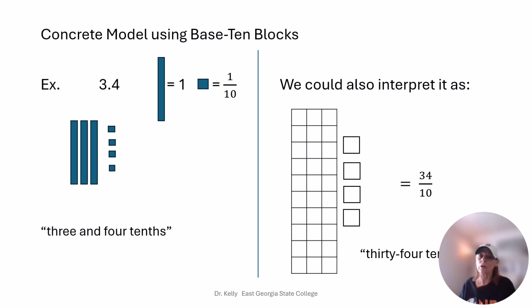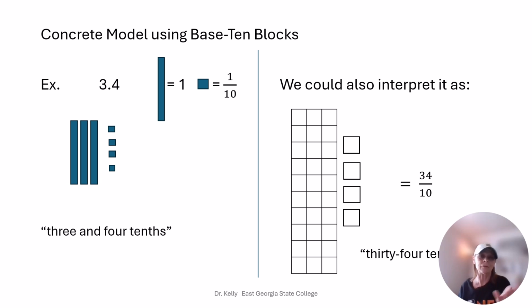Okay, now it's very important that you set what your values are going to be for your blocks. It's not the same anymore like when we use the base 10 blocks for whole number addition, where the small block was a unit, the long block was for tens, the flat was for hundreds, the block was for thousands.